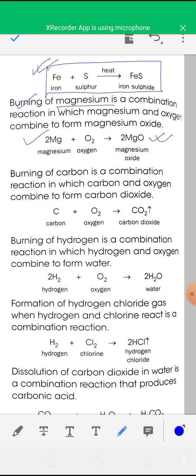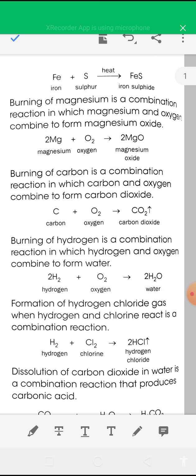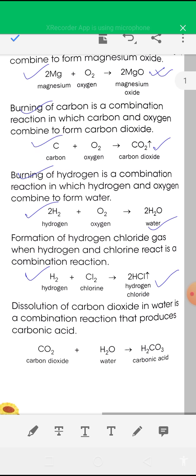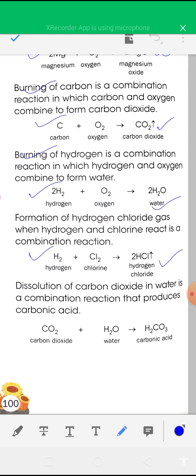A few more examples are given: burning of carbon, carbon plus oxygen to give carbon dioxide. Burning of hydrogen, that is H2 plus O2 to give H2O. Reaction between chlorine and hydrogen to give hydrogen chloride. All these are examples of combination reaction.